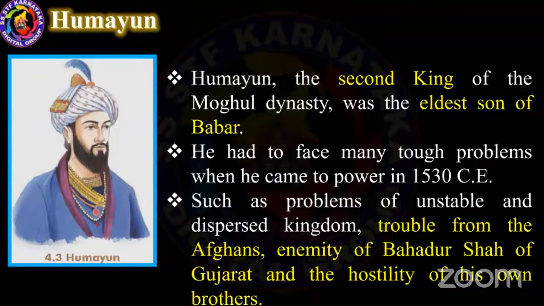These were all the enemies of Humayun. His brothers also wanted to come to power. Because of that, he faced a lot of problems when he ascended the throne.